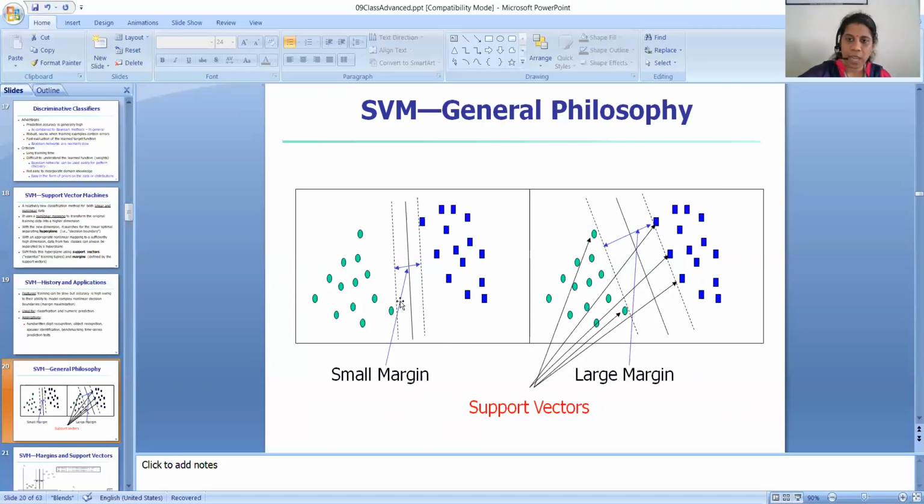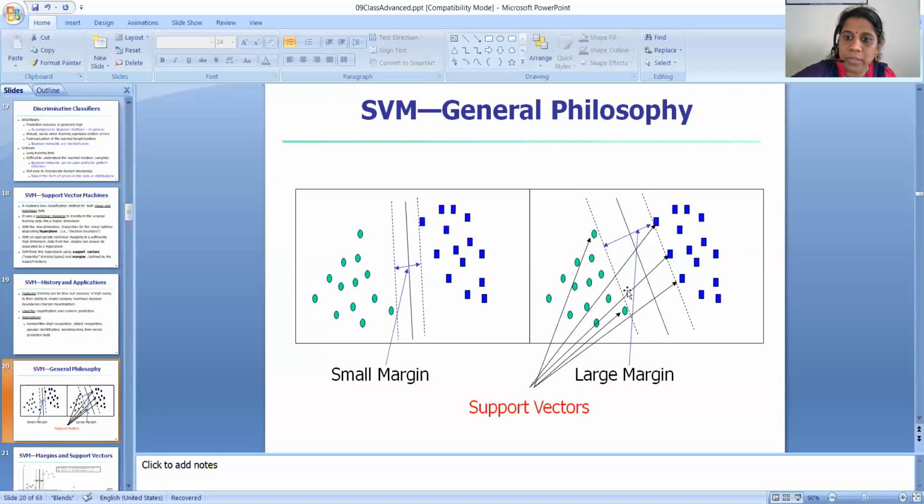Our aim is to find a hyperplane that gives us a large margin, so that our predictions will be more accurate. Now you can see in the second figure, these parallel lines are touching this point as well as this point, and only through those points could I draw this particular line.